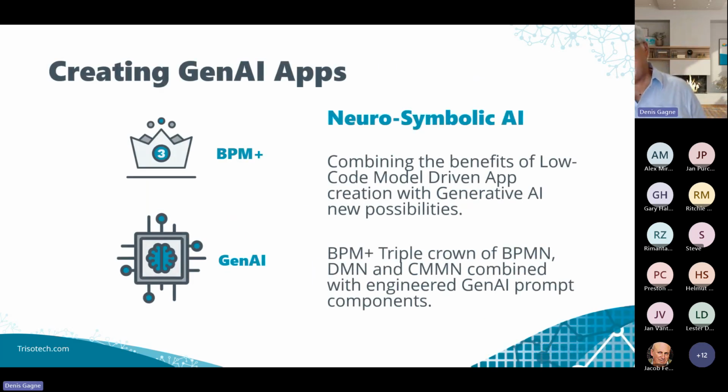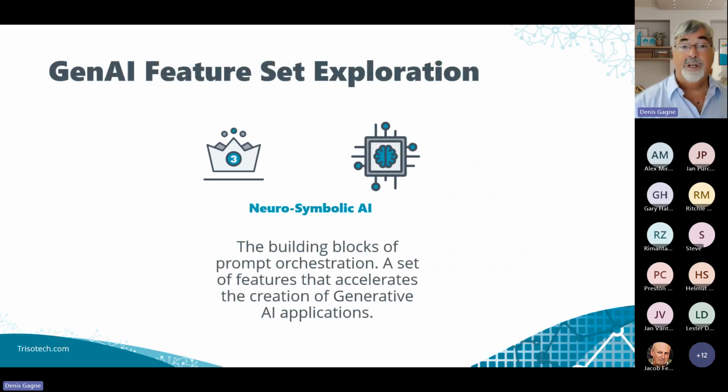So finally getting to the point of my presentation. The whole idea is to look at how we can combine the benefits of low-code model-driven apps, as we know with BPMN, CMMN, and DMN, and combine them with the power of generative AI, in order to create applications that are very interesting and better at creating them.